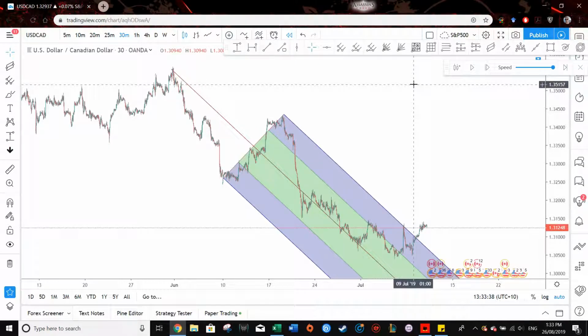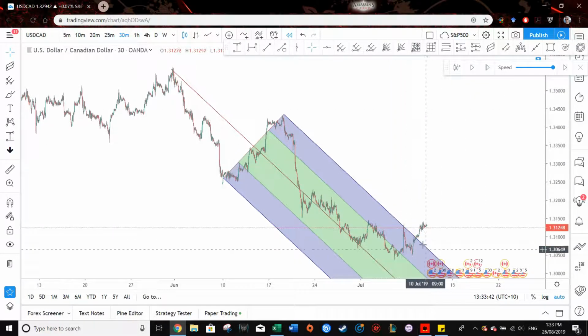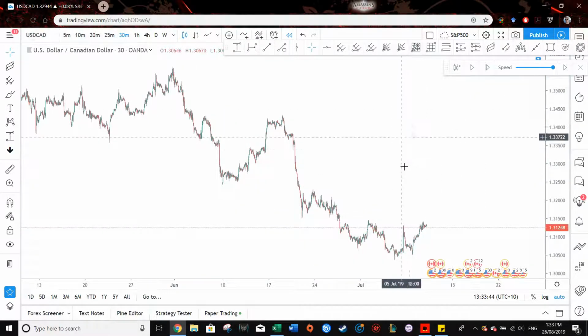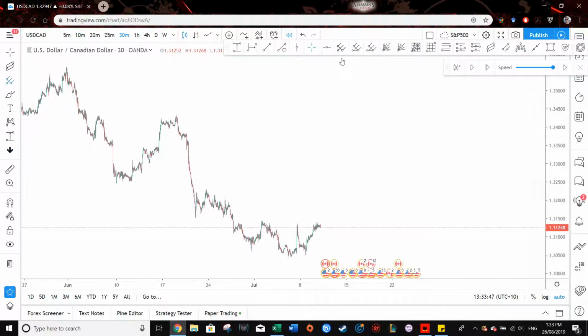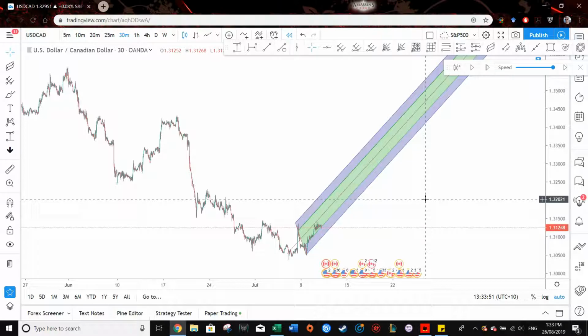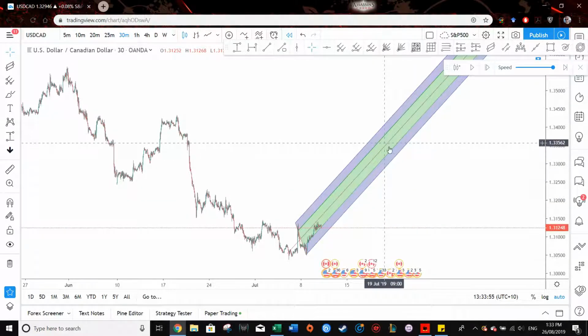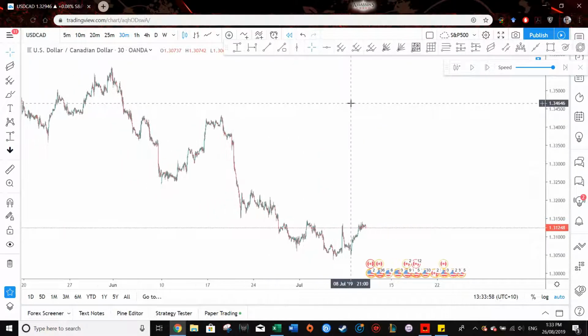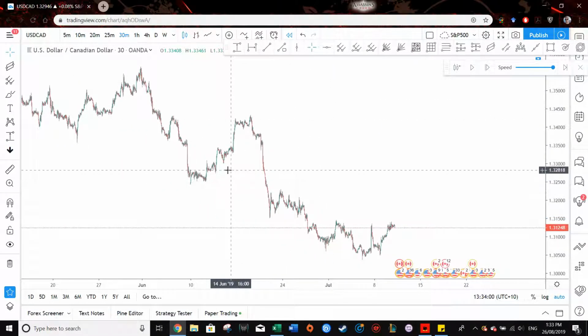It's already broken off. Pitchforks are great when the market is in that trend, but as soon as it breaks that trend, they're useless. Where would I put the AB pattern here? You really couldn't draw one. You'd have to do it something like that, and it's just too small, it's too constricting. It wouldn't be useful to you.